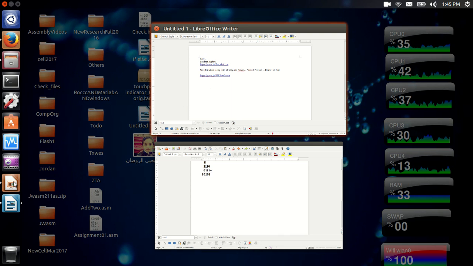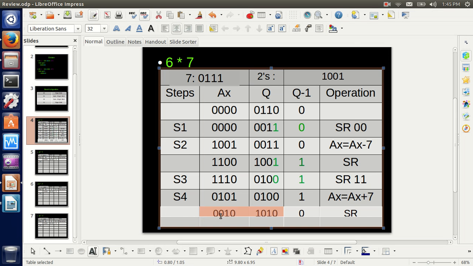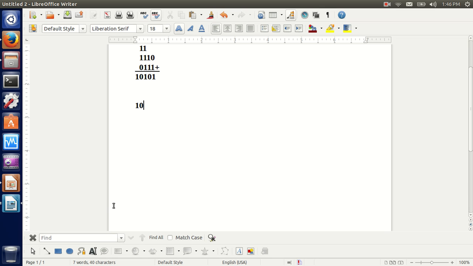The extra row we added, it's gonna be 0 0 1 0 10 10 10. Okay, 10 10 10 should be 48. Let's see. And I'll have 2 zeros. This is Q, and this is the accumulator. So what's this?